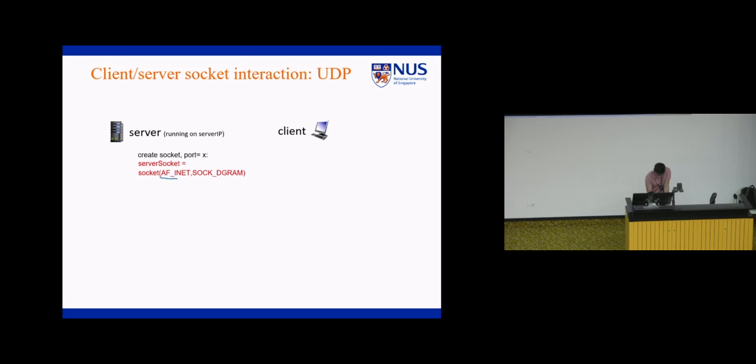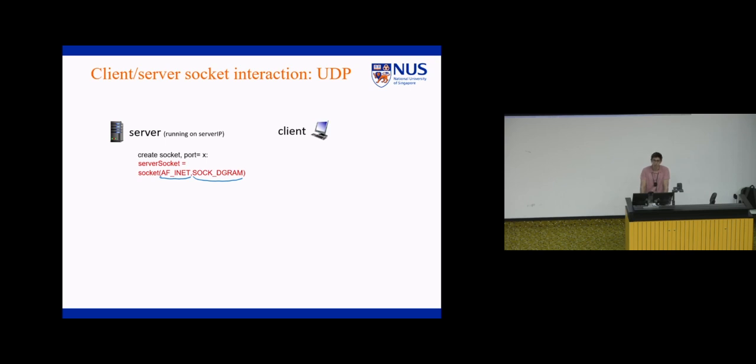So this AF_INET is to indicate this is an IPv4 socket, so IP protocol version 4. Now there's also IP version 6, so for that there would be a different parameter here. And this SOCK_DGRAM indicates that this is a UDP datagram socket.